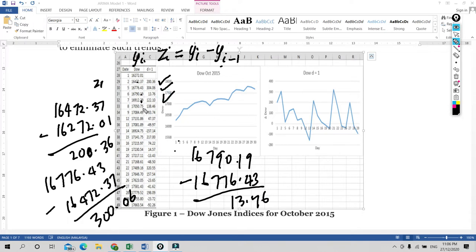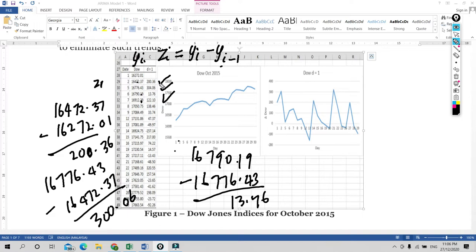Meaning the current value of y sub i minus the previous value of y sub i. In other words, z sub i is equal to y sub i minus y sub i minus 1. These are the first differences.